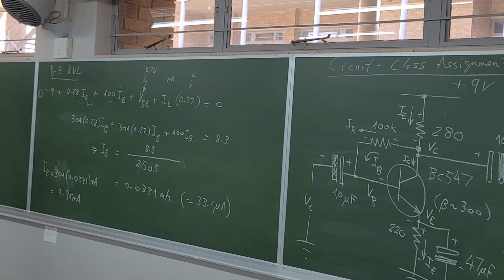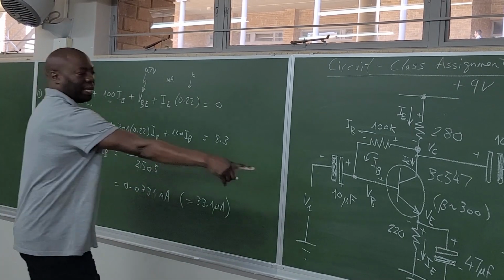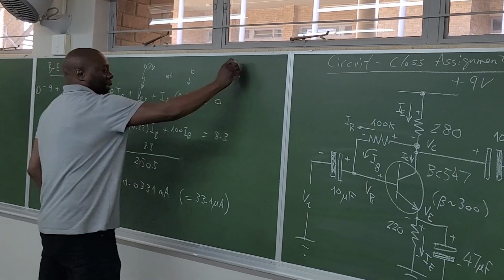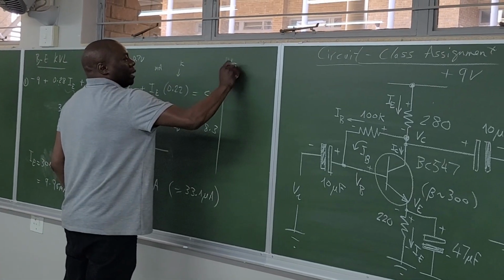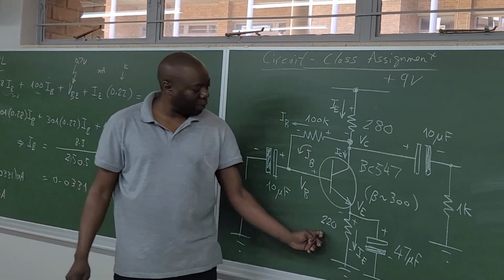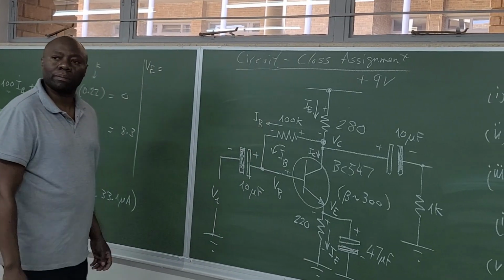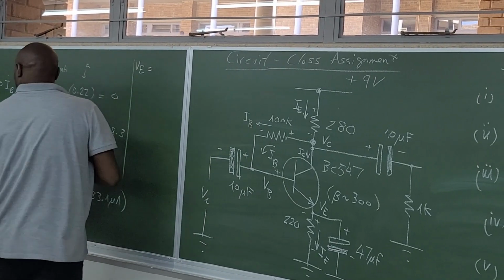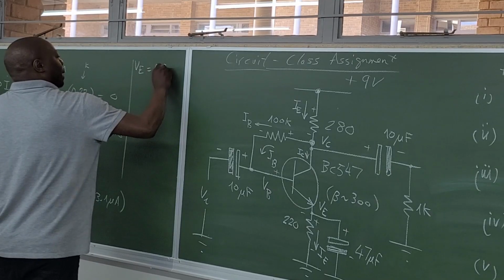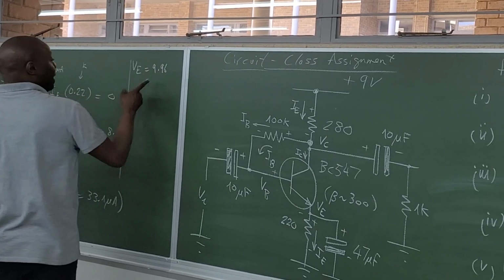Okay. So immediately we can work out what VE is. You'll see that VE is just that current multiplied by that resistance, isn't it? So it's going to be this current, 9.96 milli.